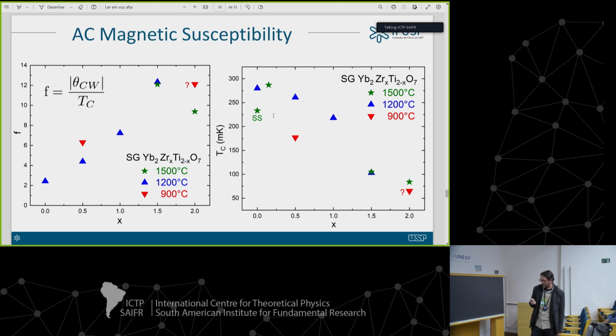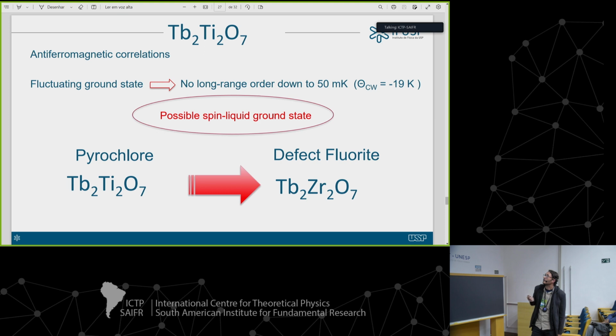Okay, that's the case for the ytterbium sample. Now I'm going to talk about the terbium one. Terbium titanate is a material that has antiferromagnetic correlations. Contrary to what happened to the ytterbium sample, we don't have much indication of sensitivity to small disorder in this sample.